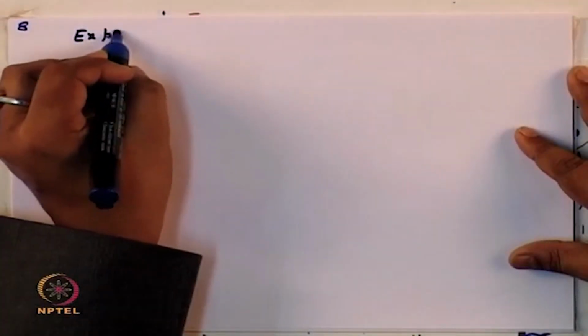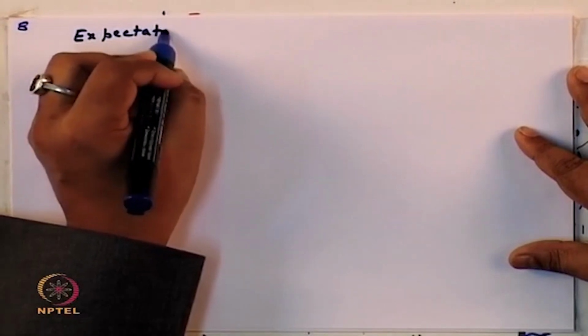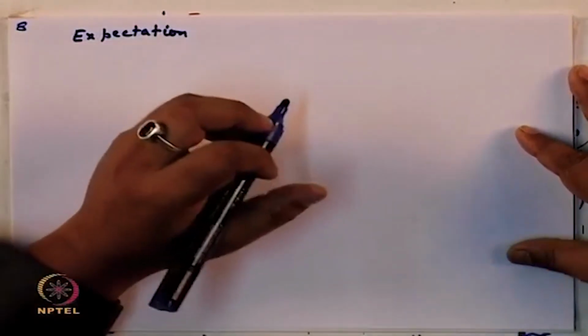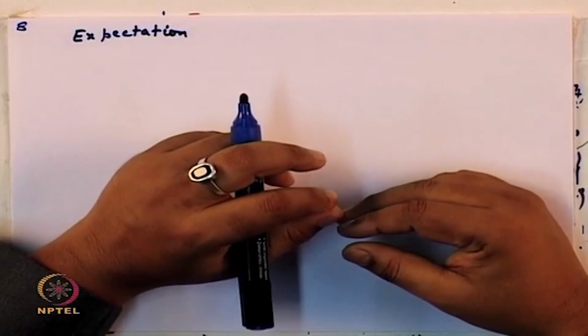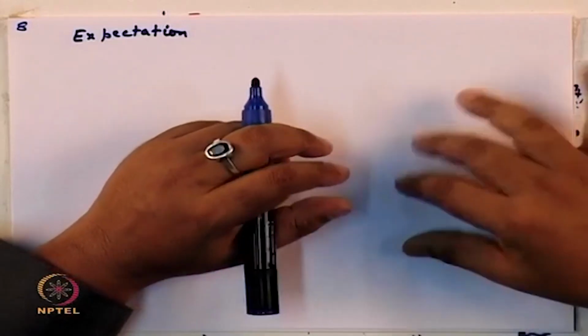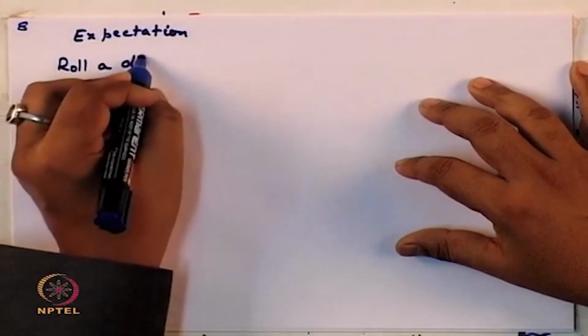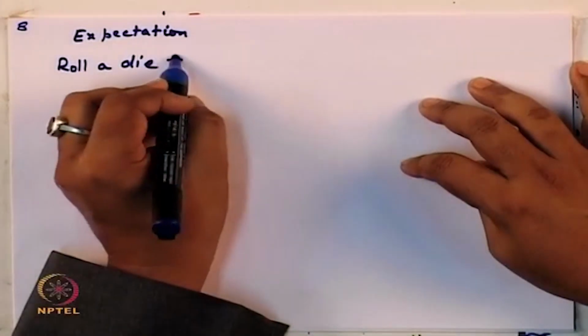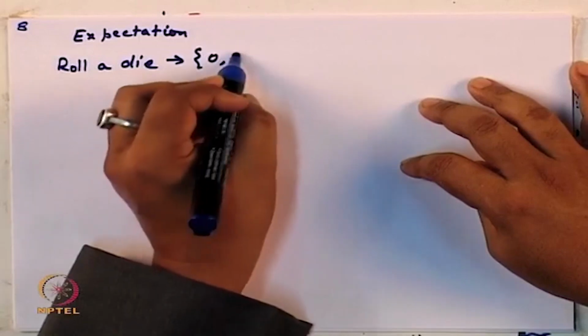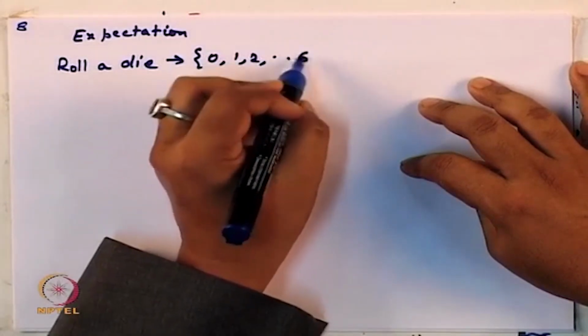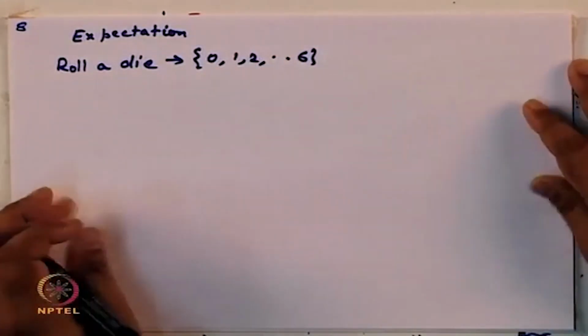So, we introduce one more important concept today, which is the concept of expectation. Imagine you have a die being rolled. You know the values can be 1, 2, up to 6.